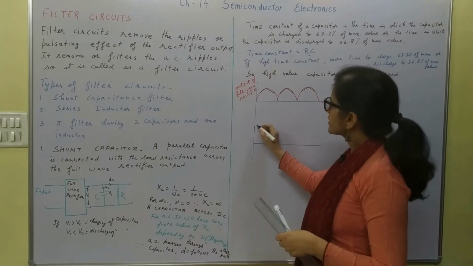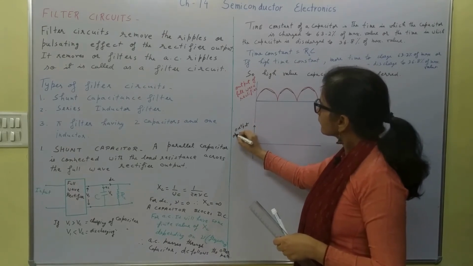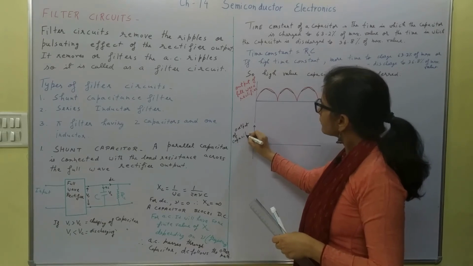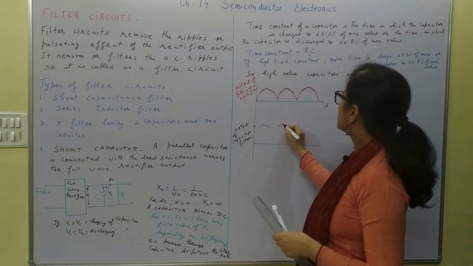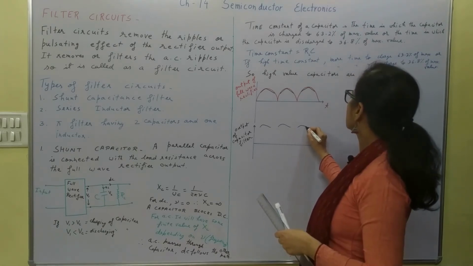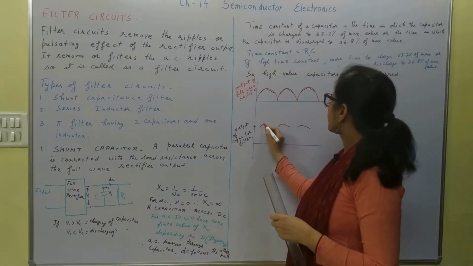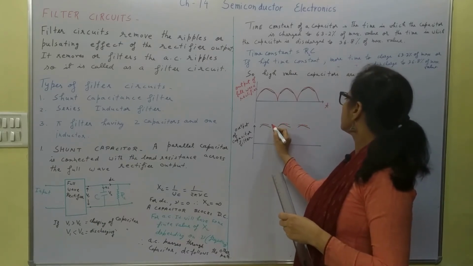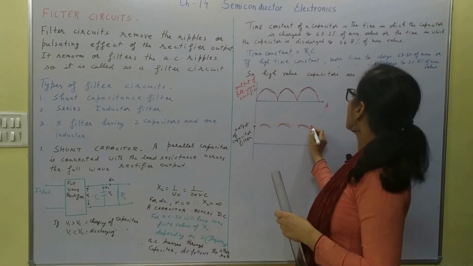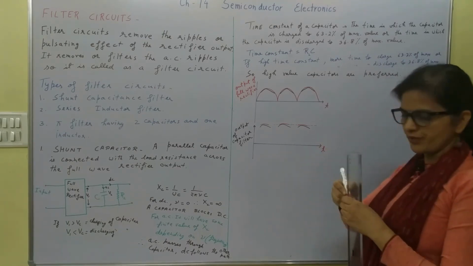So what we are getting here is this. This is near about the peak value of the output of the full wave rectifier. So this gives us a nearly constant value.